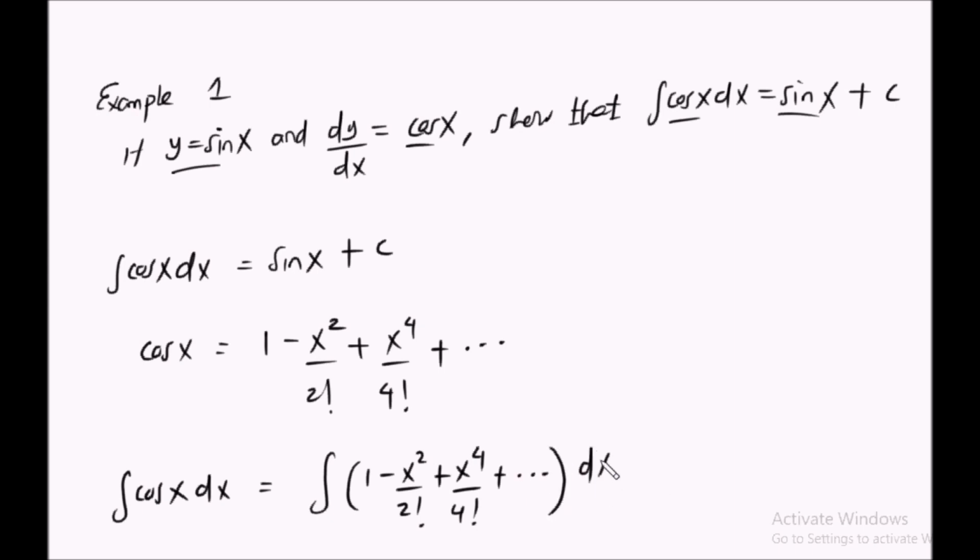So let's start from there. So now my integral, here we have already seen that from the Maclaurin series cos of x is this, and it continues.